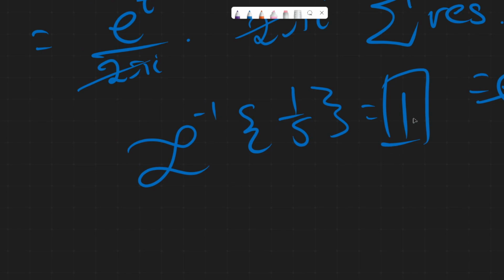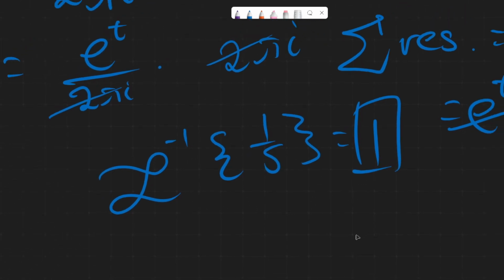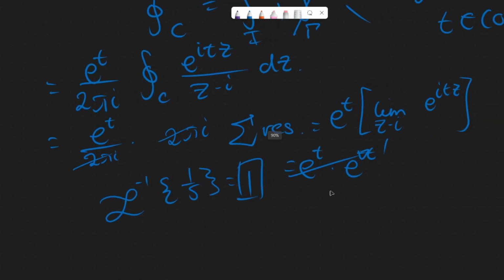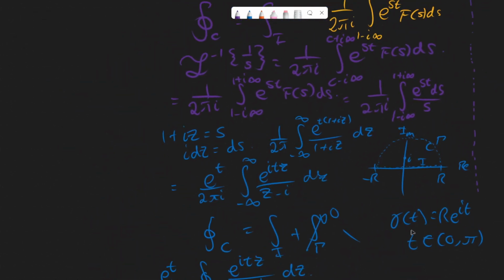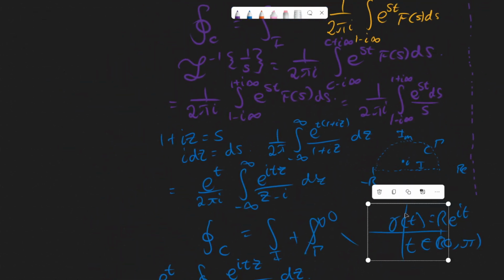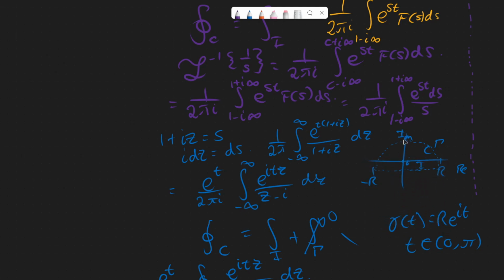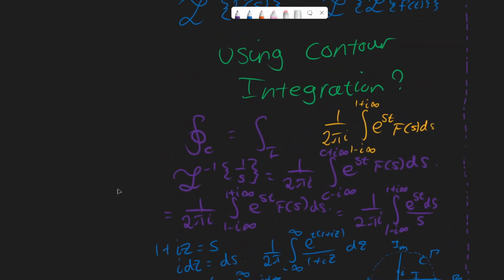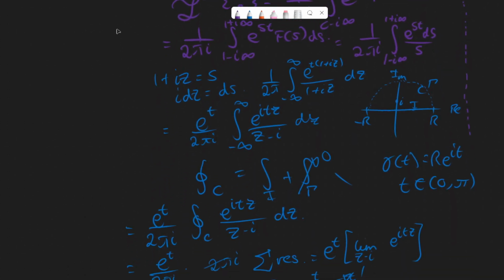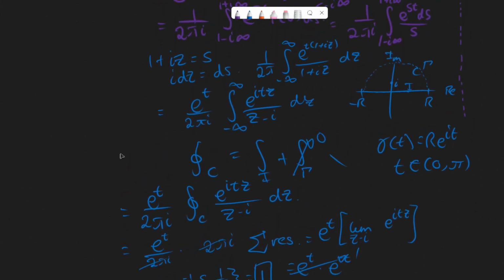Taking the Laplace transform of 1 obviously yields 1 over s, and I think it's quite nice to look at this method, see exactly what is going on, and just appreciate that you could just look at a table of inverse Laplace transforms, or you could do the work and derive the inverses for yourself using integration.